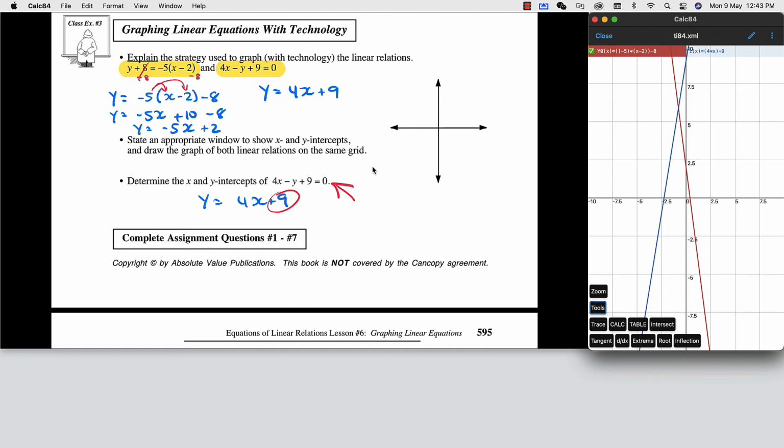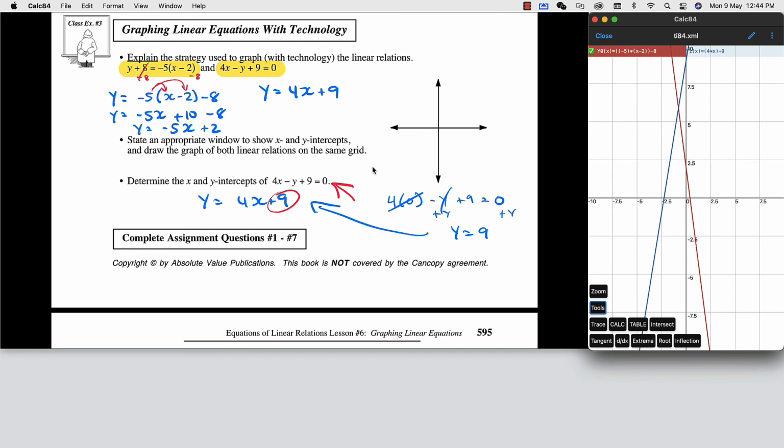So again, if I do this really quickly, 4 times 0 minus y plus 9 equals 0, that gets eliminated. I'm going to add y to both sides. That gets eliminated, and I have y equals 9, which is exactly what I had by just looking at it in the other format.